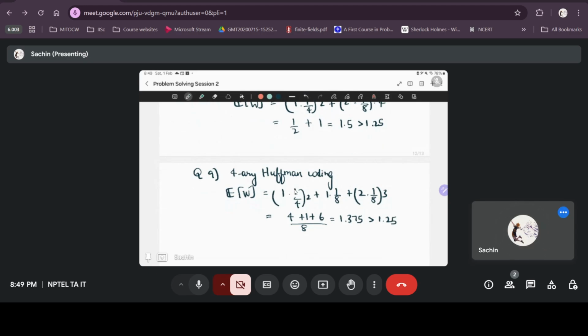So Huffman coding is optimal but it can't reach the lower bound. So the lower bound is not met, but this is the optimal. So the lower bound was not tight in this case.